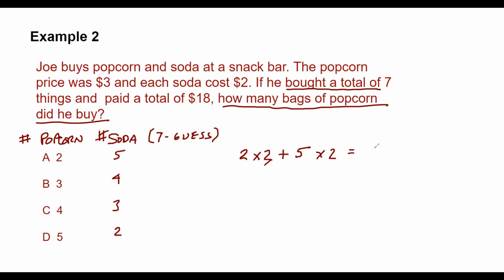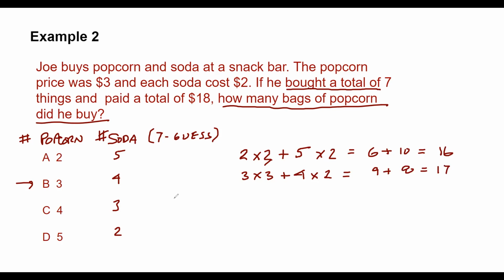That's 6 plus 10. That is $16. Not quite enough. Let's go to option B. That would be 3 popcorns times $3 plus 4 sodas times $2. That is 9 plus 8 is 17.